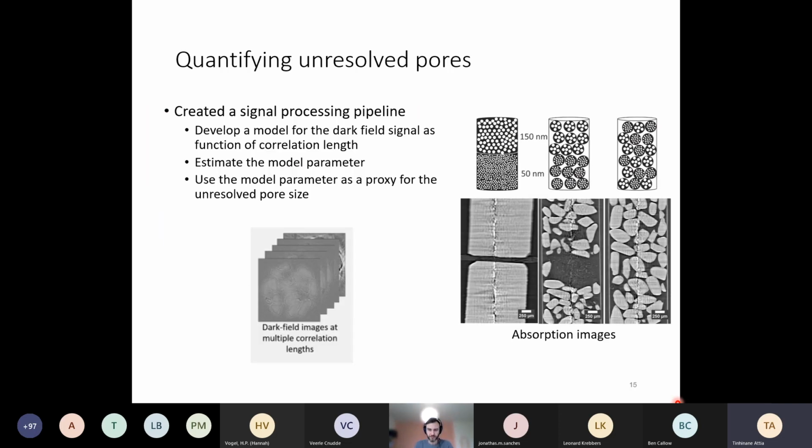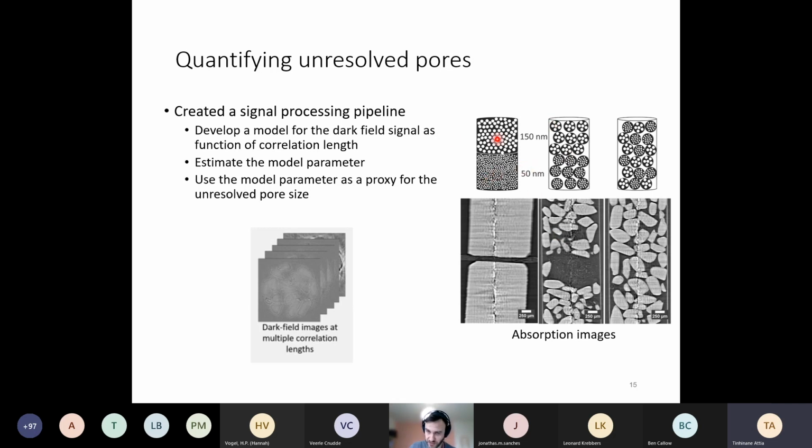Now, to finish up this brief introduction in dark field imaging, I will show you some results of our own research in this respect. So what we did is we have taken a material that we have broken down into particles of a size of a few hundred micrometers, and we have arranged them into cylinders, where the two materials were made out of discs that had a different size of characteristic pores.